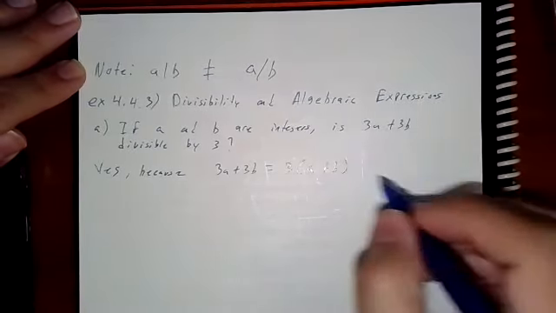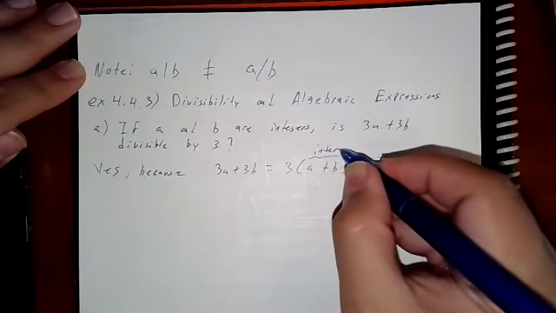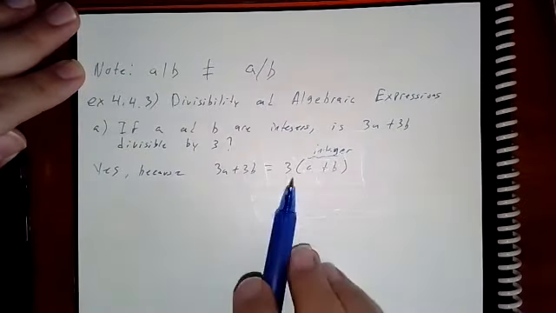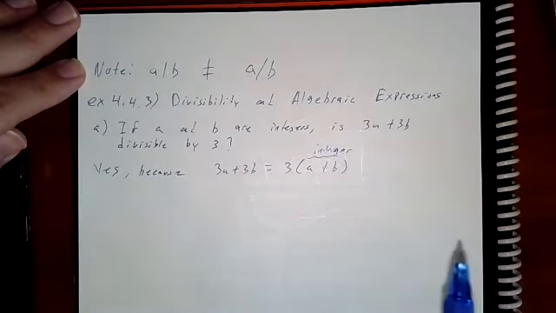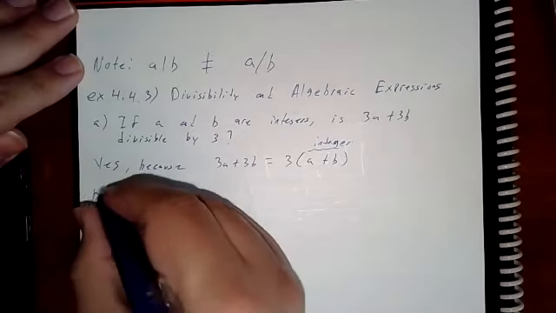So we know A plus B are integers, so this is just some integer, right? Who cares? Integer, oops, misspelled that. So 3 would divide into 3. So no big deal. So you have some basic questions at the beginning like this. Maybe let's do another one.